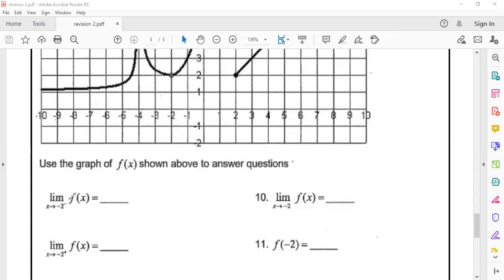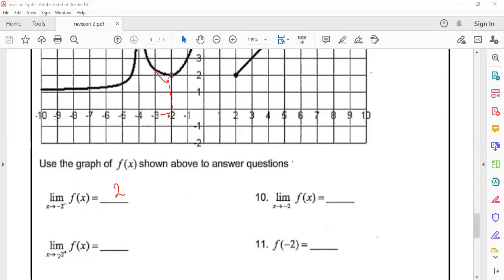Limit f of x when x approaches -2 from the left. Where is -2 on the curve? From the left, go with the curve until I reach above -2, then take the value of y, it will be 2.